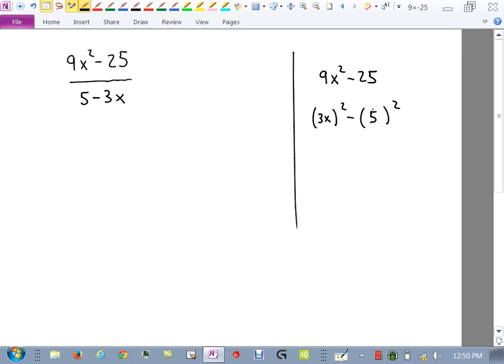If you take 3 and square it, you get 9. You take x and square it, you get x squared. Take 5 and square it, you get 25. So there are the a and b. In the formula, this becomes a, 3x, plus b, plus 5, times a, 3x, minus b, minus 5.